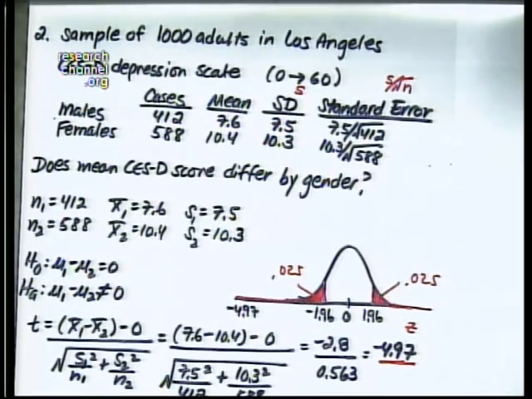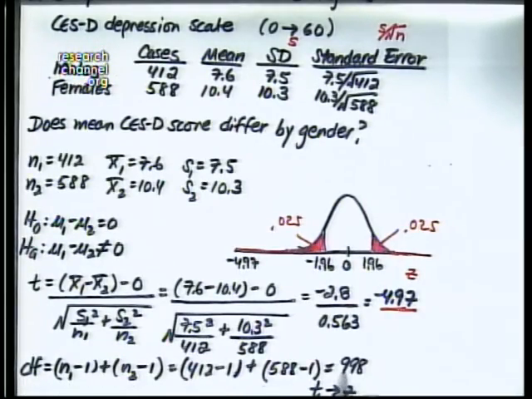And again, since the degrees of freedom are so large, 1,000 minus 2, or 998, we can assume that for all practical purposes, the t is the same as a z, and we'd reject the null hypothesis. It appears we've sampled from two different populations. The males and females have different mean depression scores.